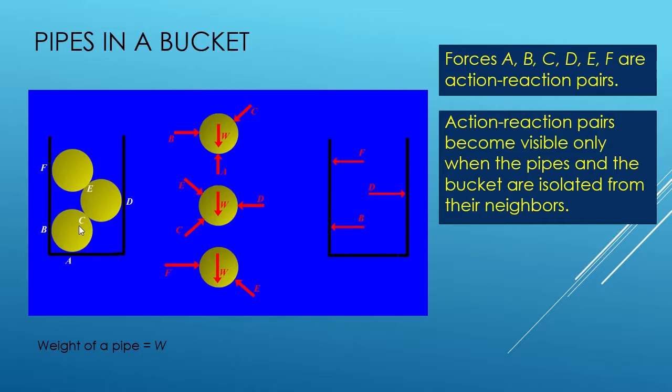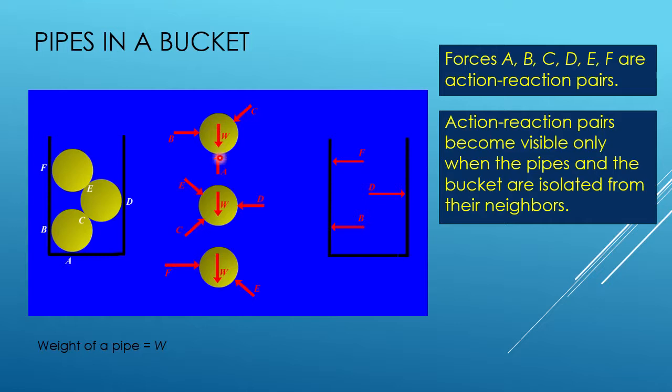The weight of these objects is W. So, to see the internal action-reaction pairs of forces, we will need to separate these circular objects. So here we have separated the lowermost circular object.